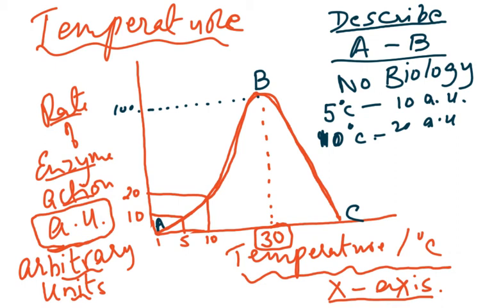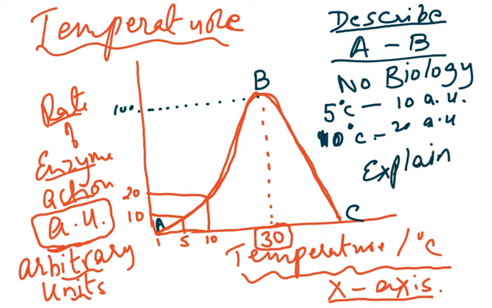Now what you have to understand is that for describe, you don't give me any biological explanations. And what we find is that at times you write it, and then for the explain you give me what you're supposed to give me in the describe, and I can't give you any marks. So describe is different and explain is different.